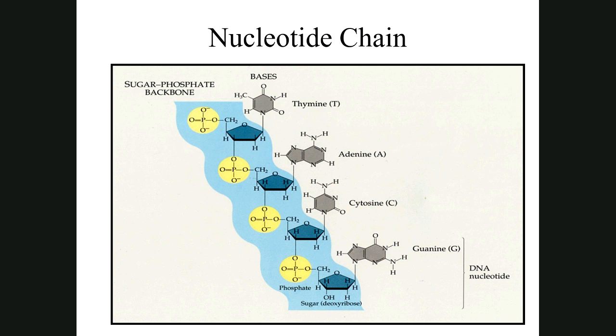When they're put together, though, it goes 5' to 3', 5' to 3', 5' to 3'. So on this strand here, the bottom, where it says sugar deoxyribose, that carbon number 3 that has a hydroxyl on it, that hydrogen will actually be off. That'll be the 3' end. Look at the top of the strand. There's that phosphate. Look at that oxygen with the negative mark there. That's the 5' end of the molecule.